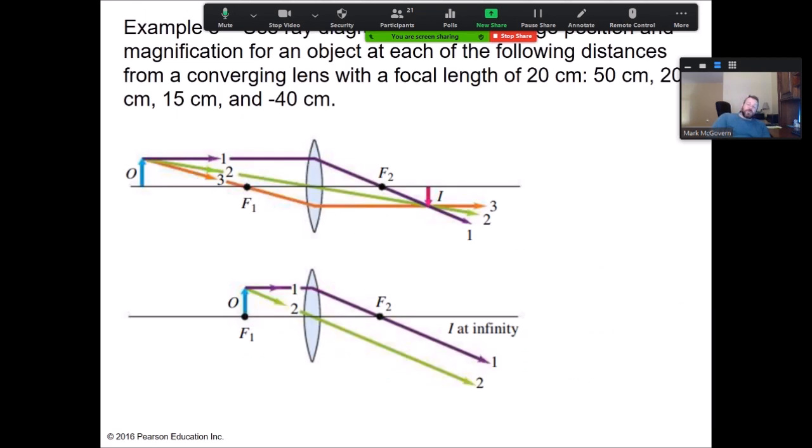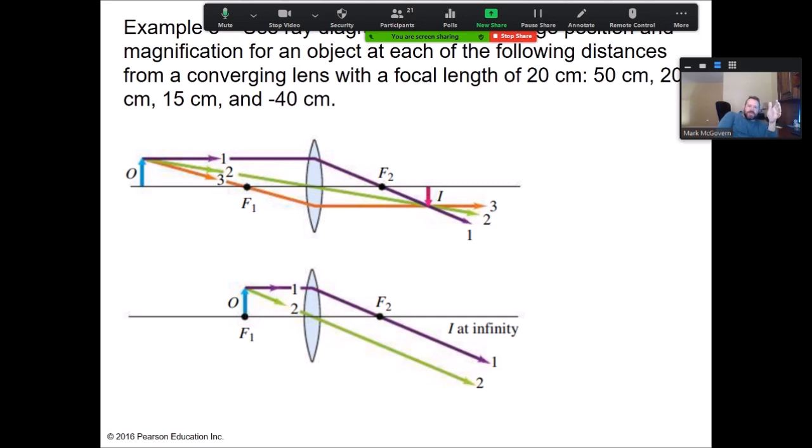So let's do a similar thing to what we did the last lecture. Let's explore the different possibilities that we can have here. So we have our lens here, convergent, with a focal length of 20 centimeters. What we want to do is put an object at a distance that's far out from the focal length.